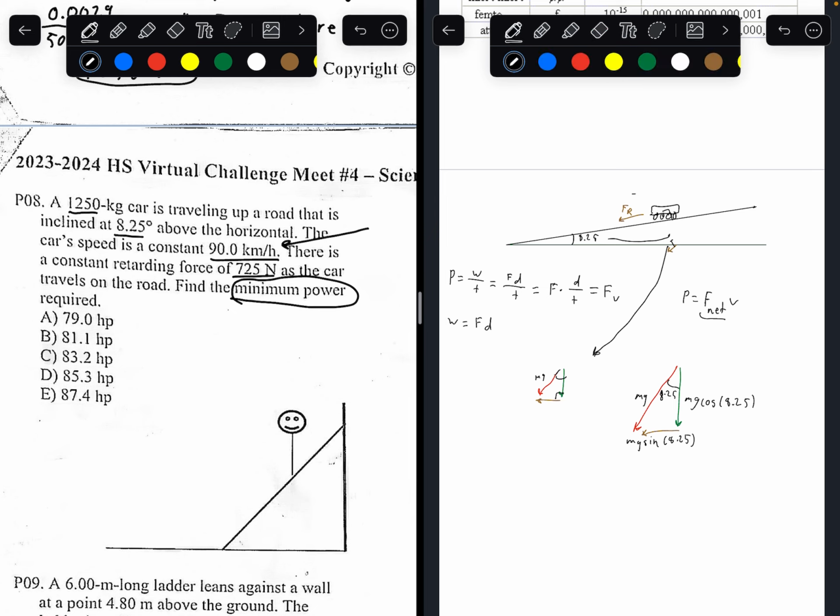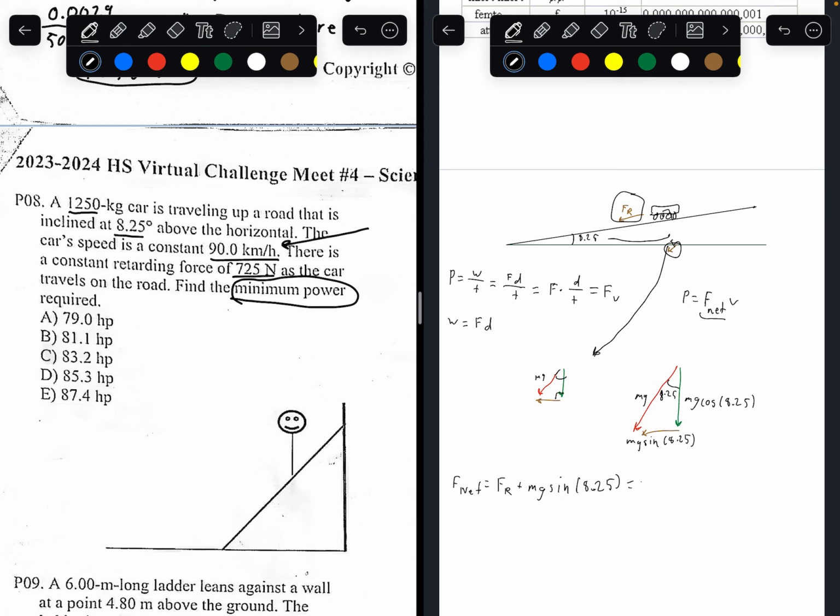You can see that the net force is just the retarding force and the brown weight component, which we know is mass times gravity times sine of 8.25. So net force is equal to the retarding force plus mass times gravity times sine of the angle, which in this case is 8.25.